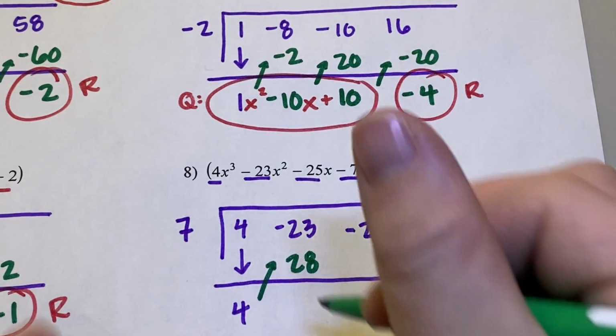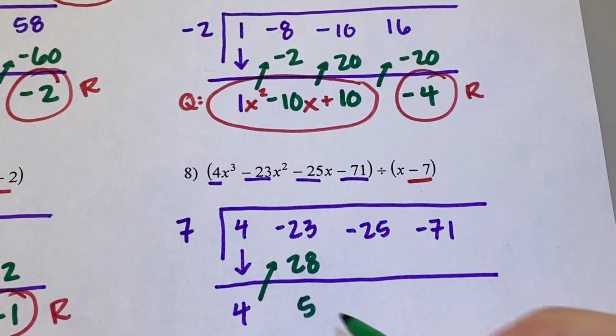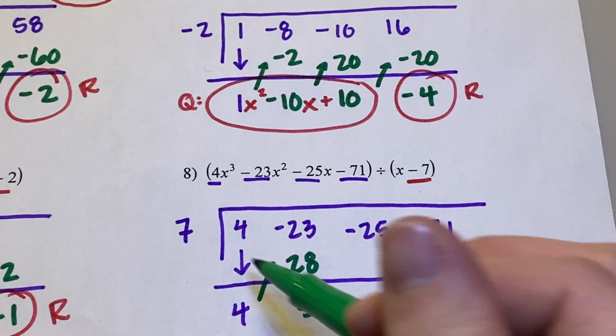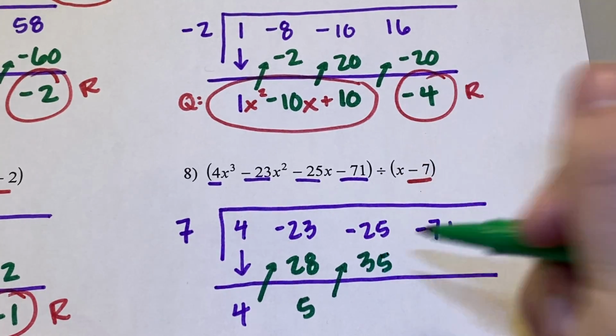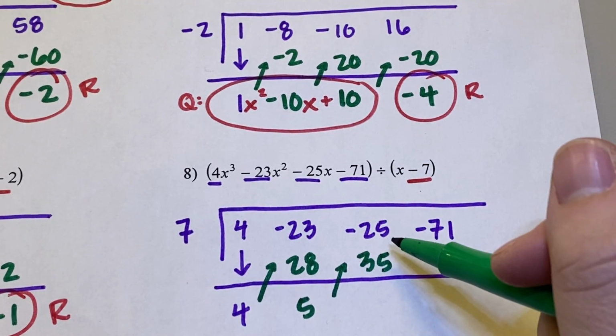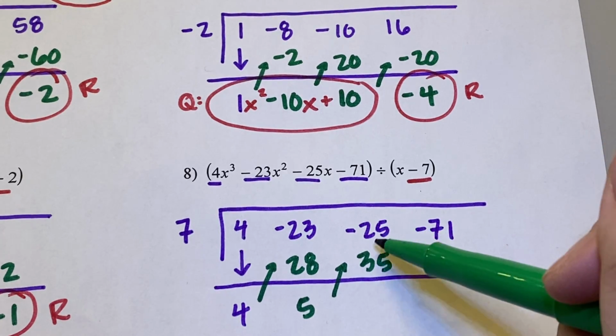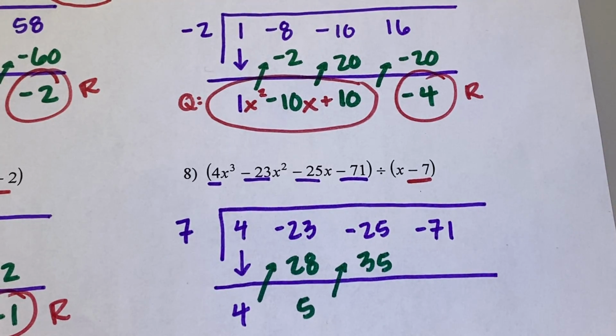Positive 5. Back to the outside, which means we're multiplying 7 times 5. 35. Inside, adding and subtracting, negative 25 plus 35. 10. Kaylee's on top of this, you guys.